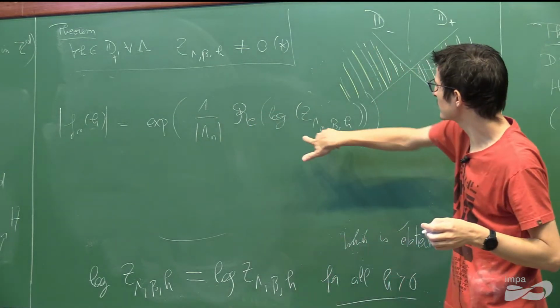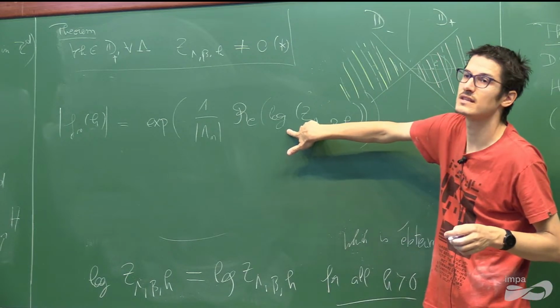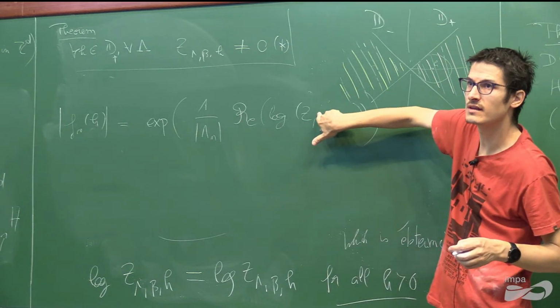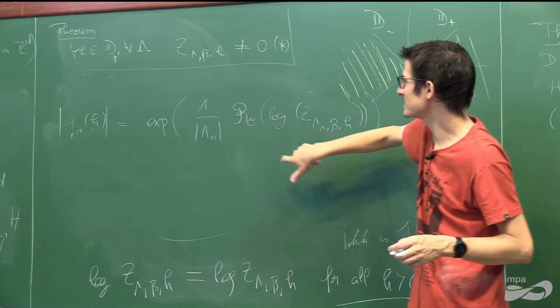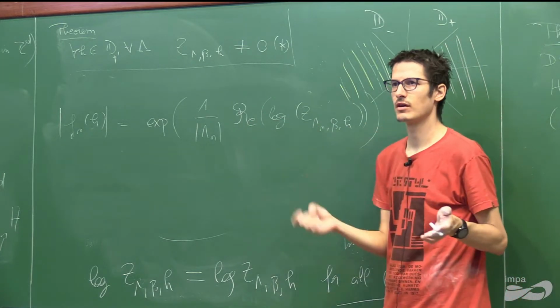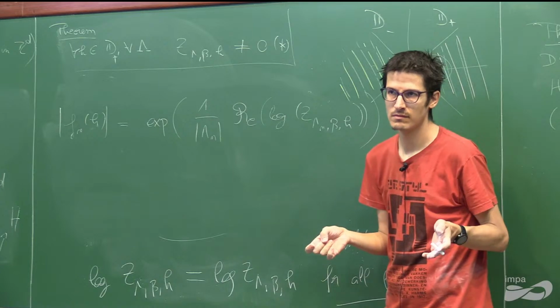And because we know that the exponential of this is equal to z, this means that the real part of the log has to be the log of the modulus. Okay?